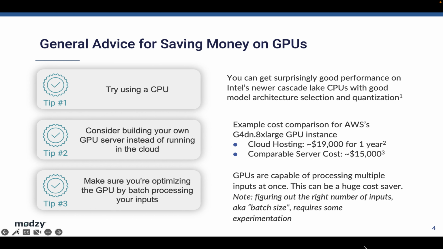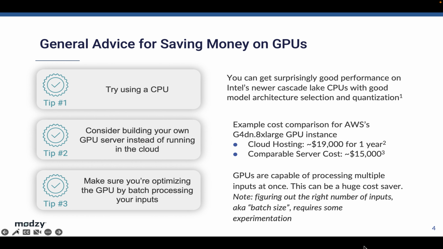Another tip is you might consider building your own GPU server. So cloud providers have to add a markup, obviously, to all of the infrastructure and instances that they make available. As an example, I just did a cost comparison for AWS's what they call their G4DN 8x large, it's a mouthful, GPU instance.